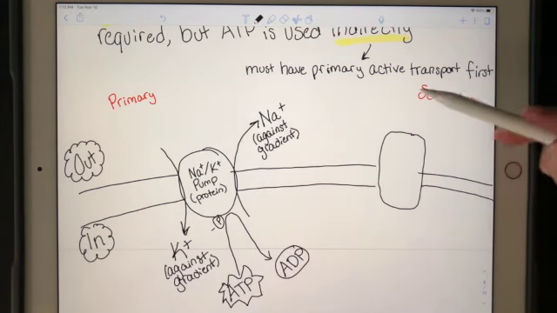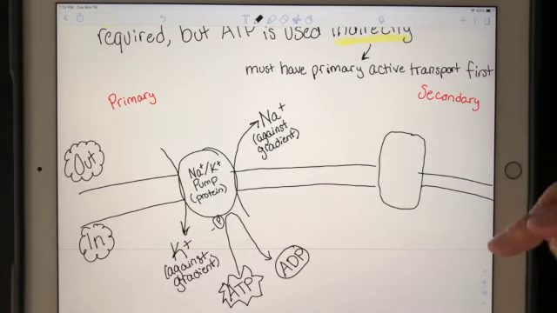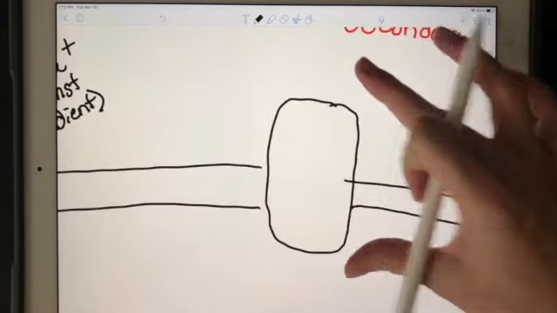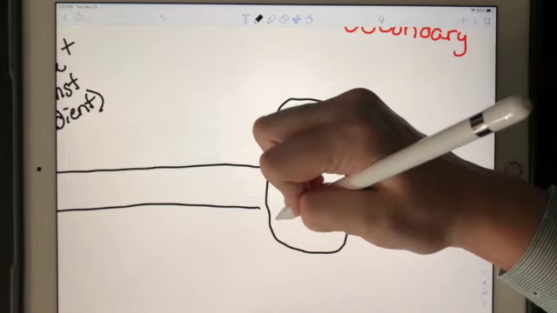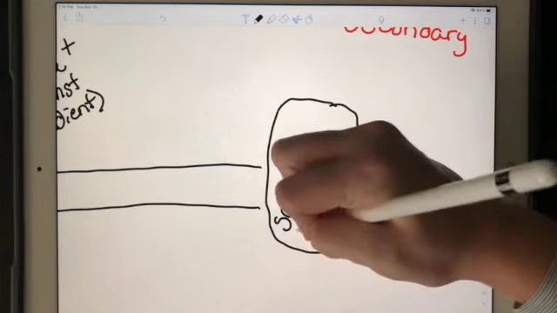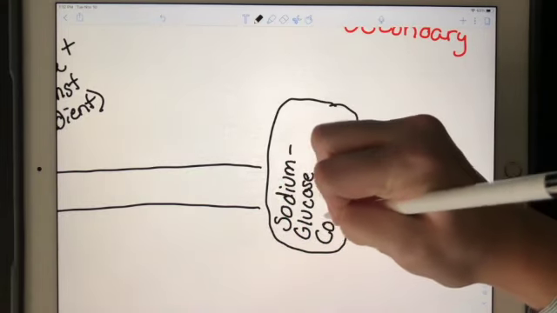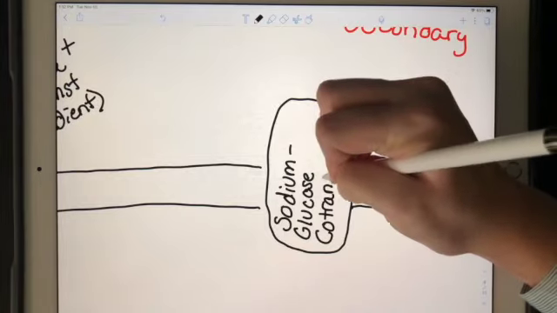Over here, for secondary active transport, I have a more oval shape. This is the sodium glucose co-transporter, also a protein.